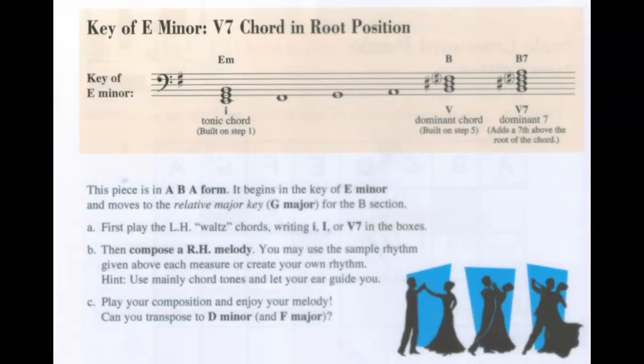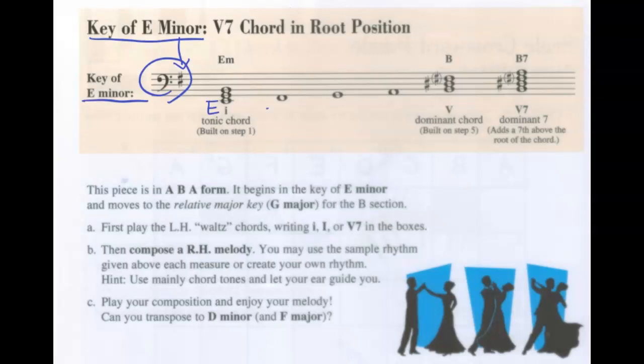Let's get started. Let's review the key of E minor here. Here we have bass clef, and E minor has one sharp just like G major, because E minor is the relative minor of G major. This is the first note E, low E, with one ledger line.